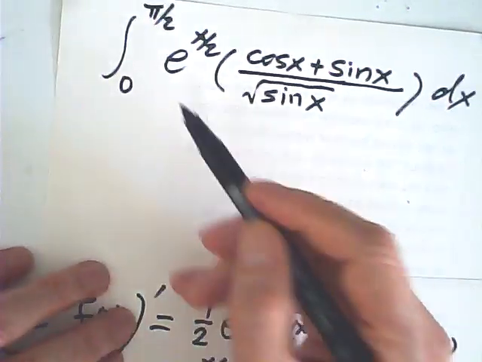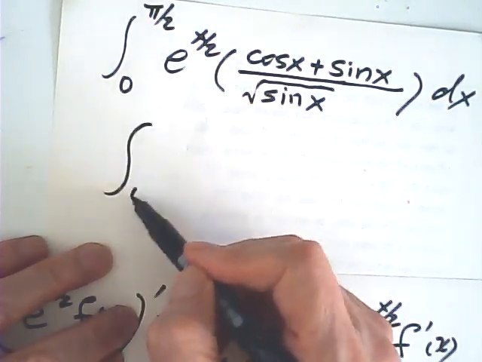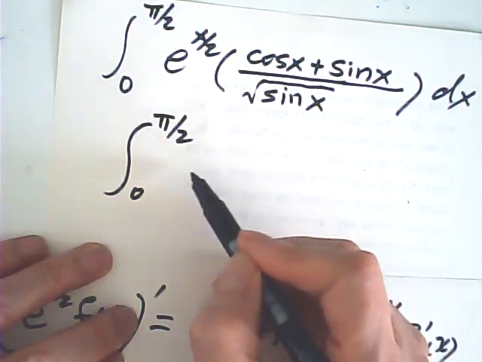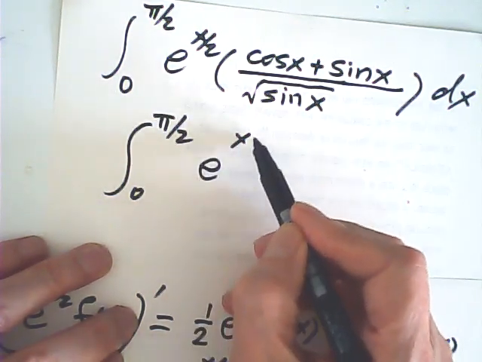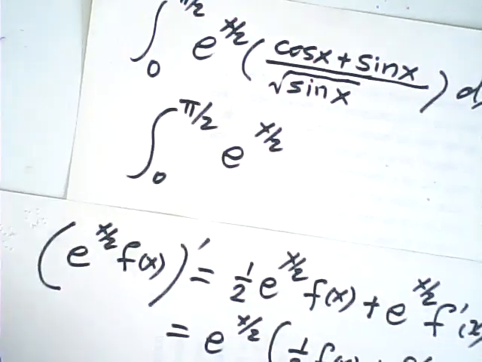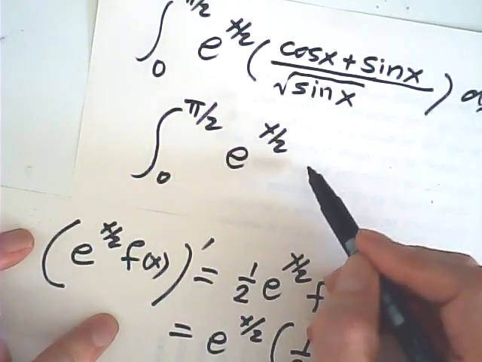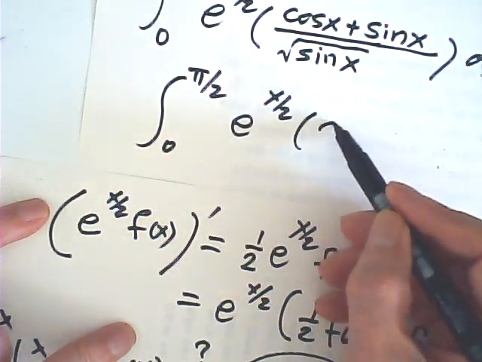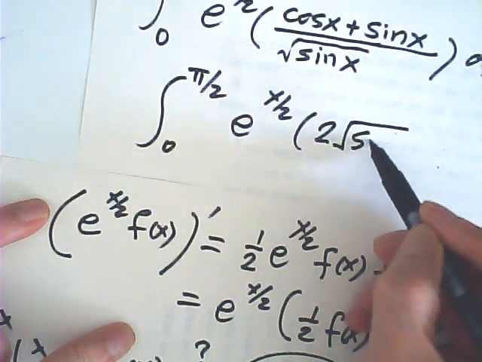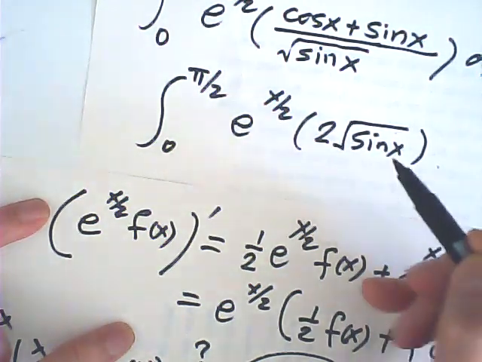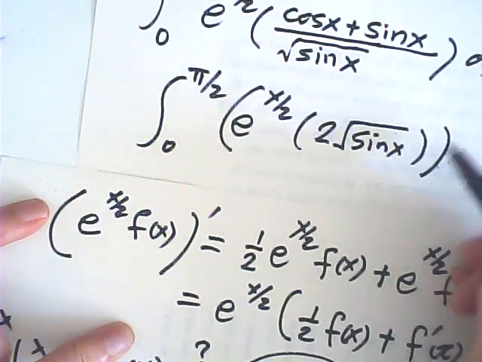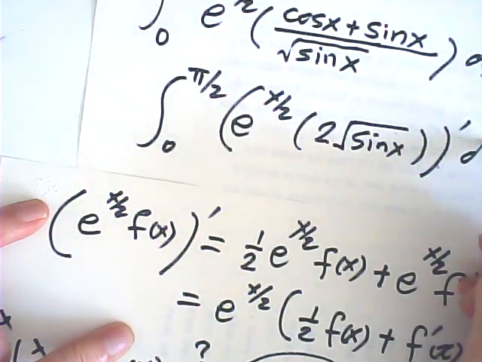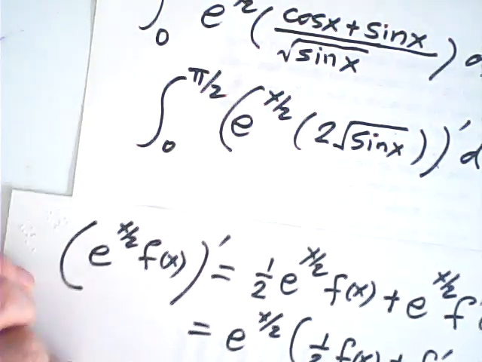Therefore, I finally understand the integral is e to the half x times f of x, where f of x is 2 square root sine x.